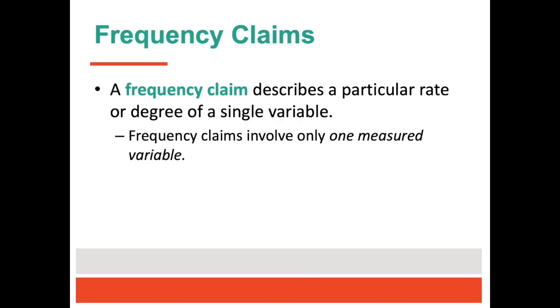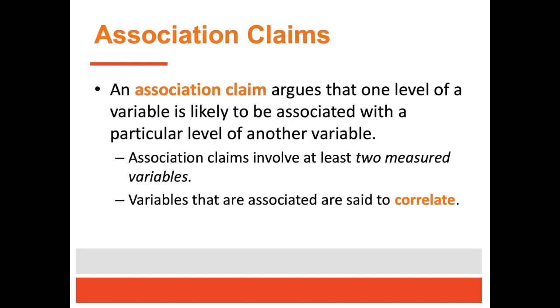So we talked about frequency claim. One way to pick this out is it's only one measured variable. It's not a manipulated variable, it's just a measured one. It's just how often does this happen? The association claim, again, it's two variables, and they're two measured ones. We're not manipulating either of them.